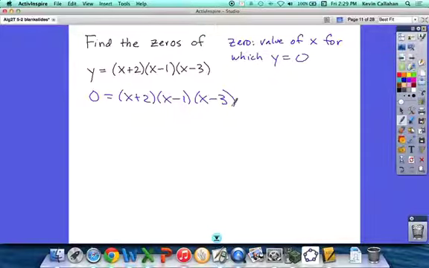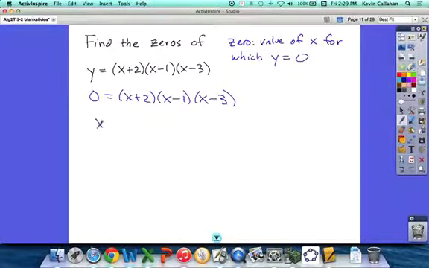And then when you've got your polynomial in factored form, that means you can use the zero product property. We did this in the chapter on quadratics, which meant you could have 2 factors. But now we've got 3 factors, still the same thing. If you multiply a bunch of things together and the product equals 0, it must be that one of the factors equals 0.